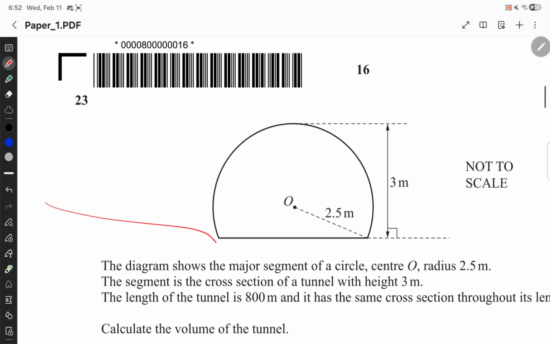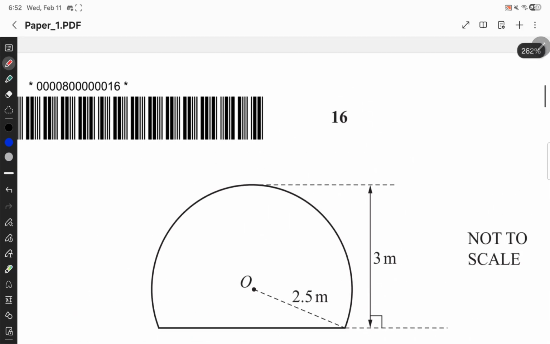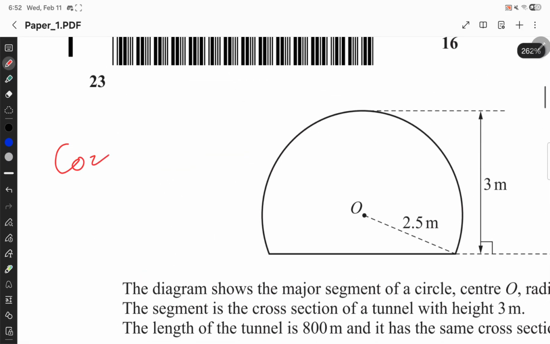Now this 800 length can be found easily, but we have to find the cross section also. We know the prism formula is cross section area times height, and the height, the quote unquote height, is 800 meters, so we got that covered.